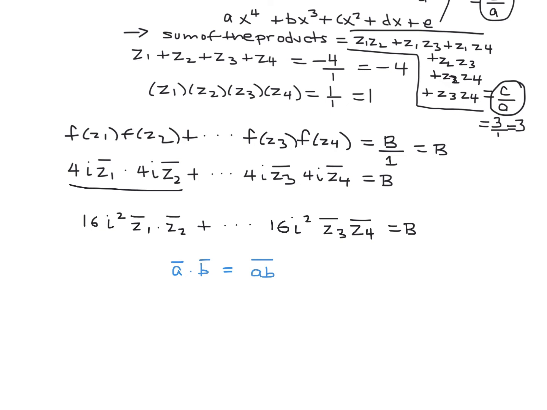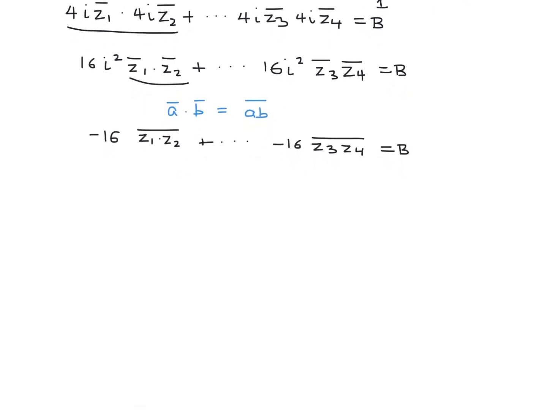So I'm going to use that law, and this is going to be minus 16, right? Because i squared is negative 1, and therefore this would become z1 times z2 all conjugate. Got it? And similarly, dot, dot, dot, this would be also minus 16 z3 z4 all conjugate, like that.